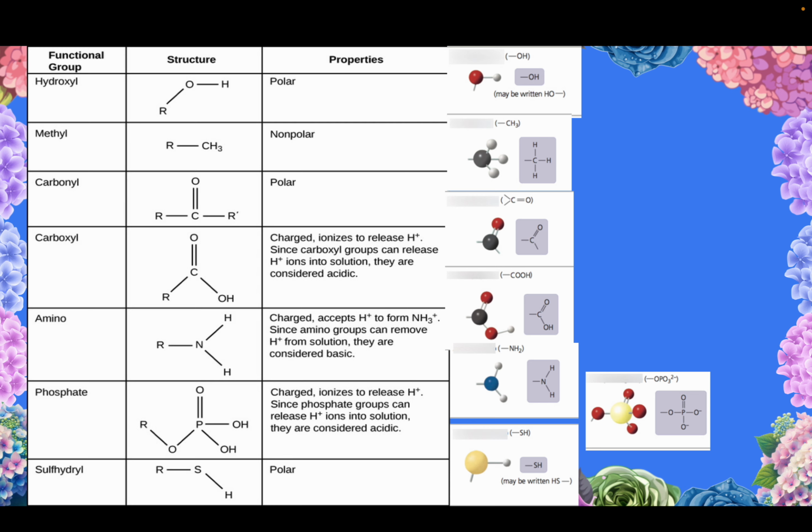It accepts hydrogens to form NH3. That's what it says here. And so they're considered basic for that. And then the compound name is amine. That's pretty easy to memorize, but it's important to not get them mixed up. If you're talking about an amino group, then you say amino, but if you're talking about the compound alone, then you say amine.